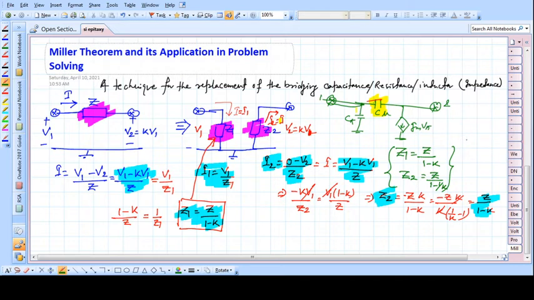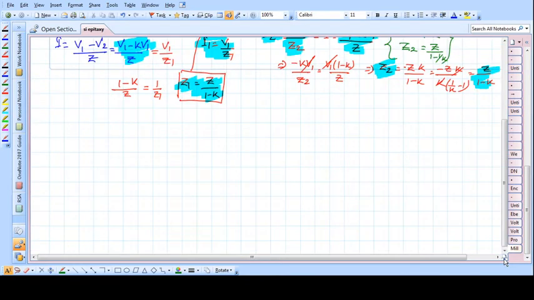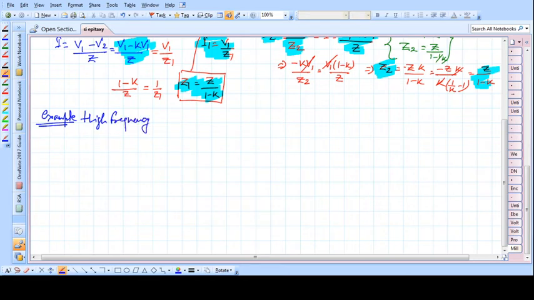So a very important thing is that if we think about the high frequency model, just as an example, I am taking some example of say anyone, we can say the BJT or suppose MOSFET.